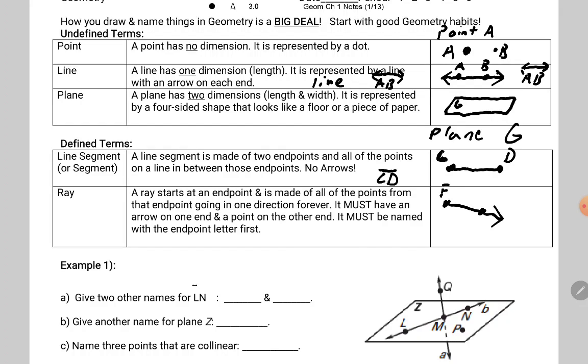So let's call this EF. This would be EF with 1 arrowhead. A line goes in 2 directions forever. A segment has 2 endpoints, and it stops there. A ray goes in 1 direction forever and ever.